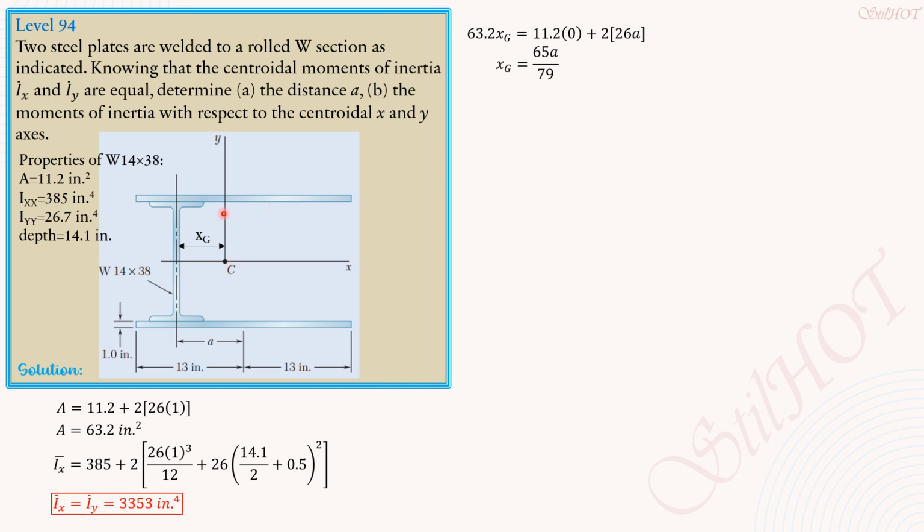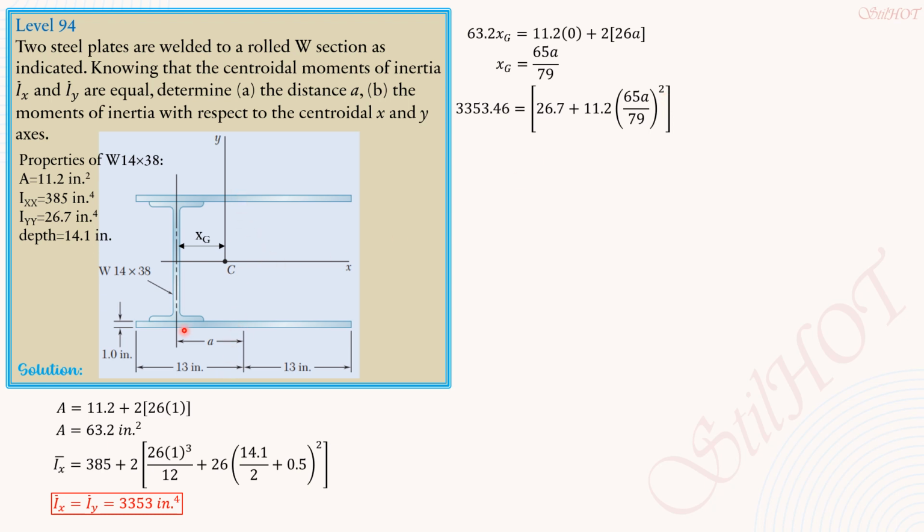We'll use the exact and accurate value in computing for A. So moment of inertia of the wide flange section Iyy, 26.7, plus its area times xg squared. So 3353.46, which is I bar y, which is I bar x, equals 26.7 plus area 11.2 times distance xg quantity squared, and xg is 65 over 79 a, quantity squared.